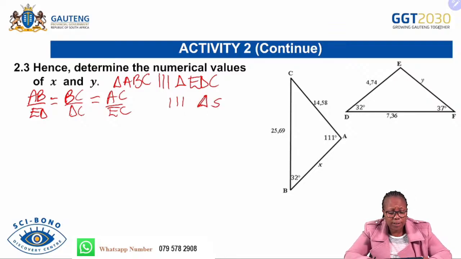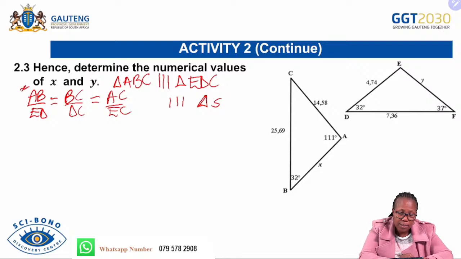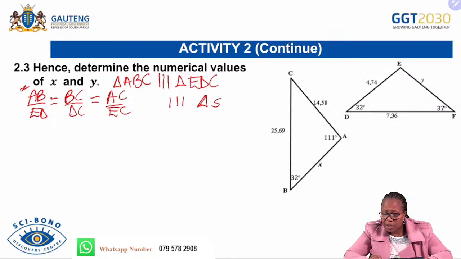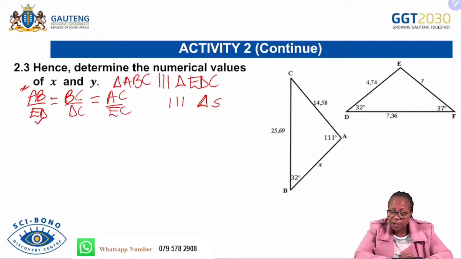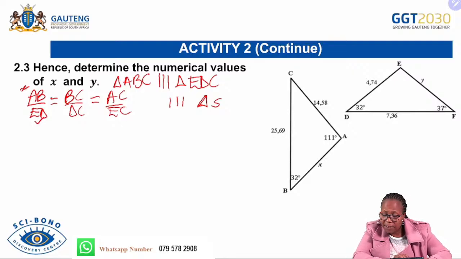Now let's check, what do we have in order to solve for X and Y? AB, do we have the value of AB? AB is X. Can you see that? And then do we have ED? Yes, it's 4,74. Do we have BC? BC 25,69, yes.